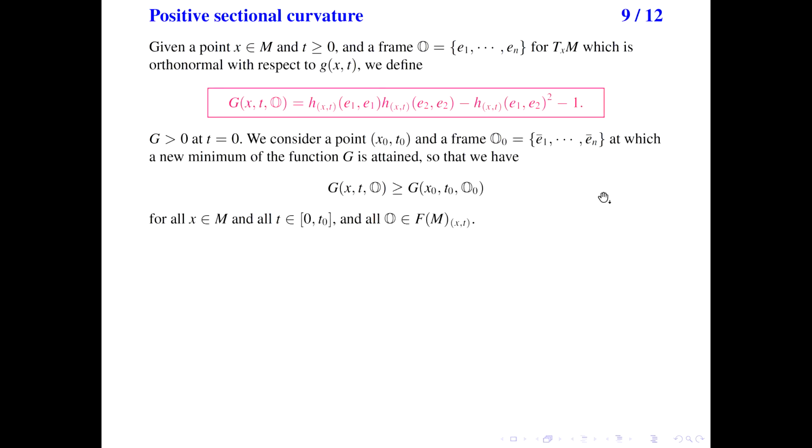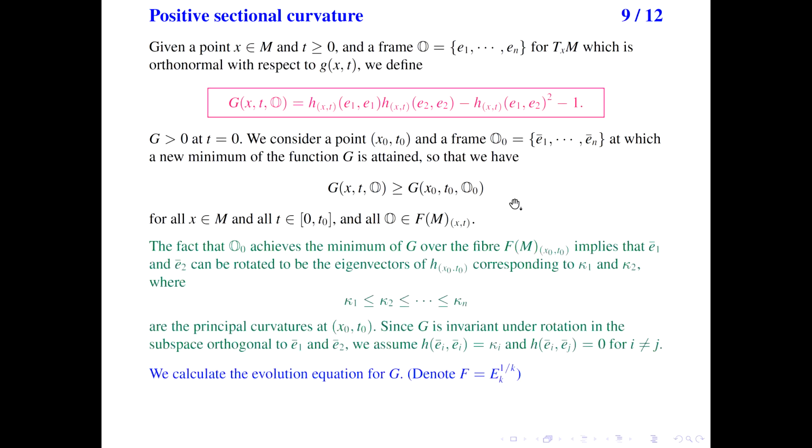We consider a point x_0 and time t_0 and a frame O_0, which is given by e_1 bar up to e_n bar, at which a minimum of the function G is attained. This means that for any time t smaller than t_0, and for all points x and for all frames O, the function G(x,t,O) is greater than G at x_0, t_0, and O_0.